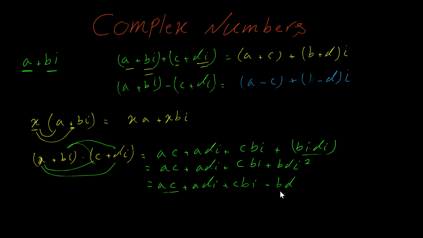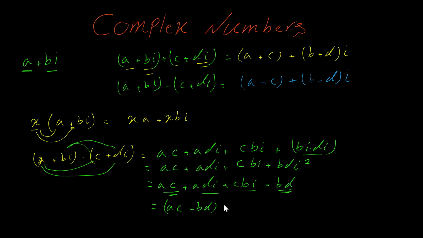Now we have two real parts and two imaginary parts of the standard form. So we can put them together, factor out, and write it again. So it's going to be ac minus bd. That's the first part, for the ac and the bd.